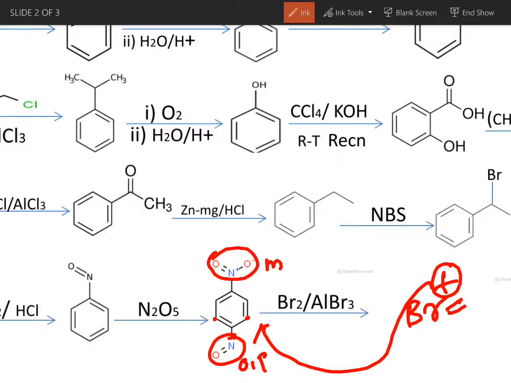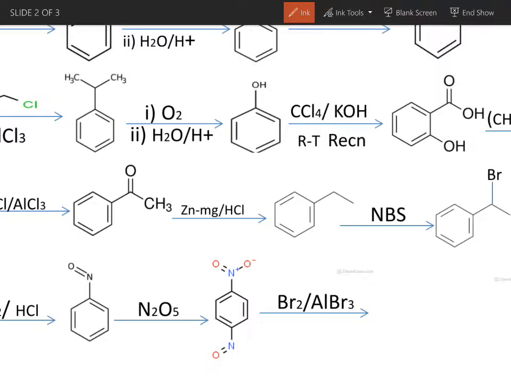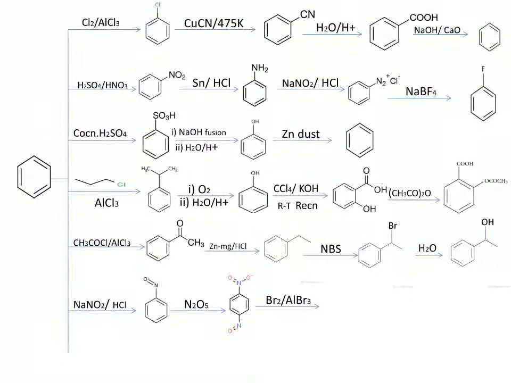According to NO2 it will attach on the meta position. With respect to NO2, these two positions are meta positions. So Br plus will come and attach to either of these carbons and form the compound meta-bromo para-nitro nitrosobenzene.